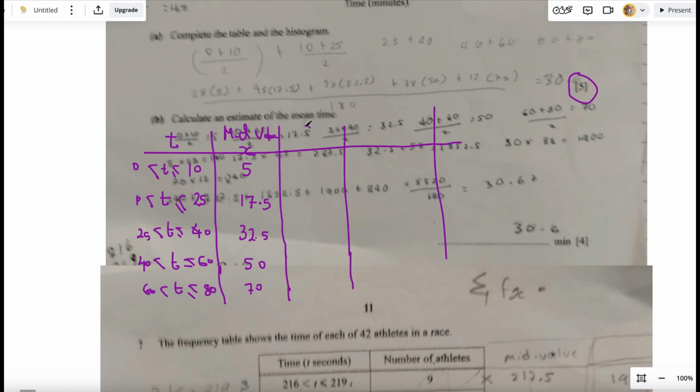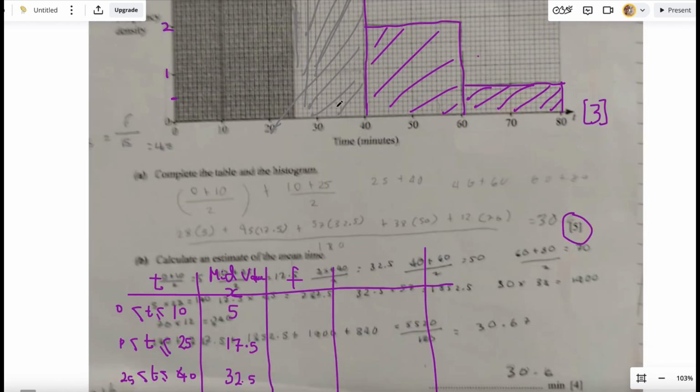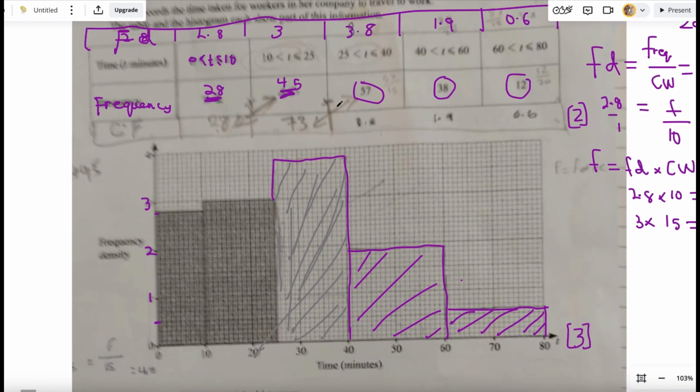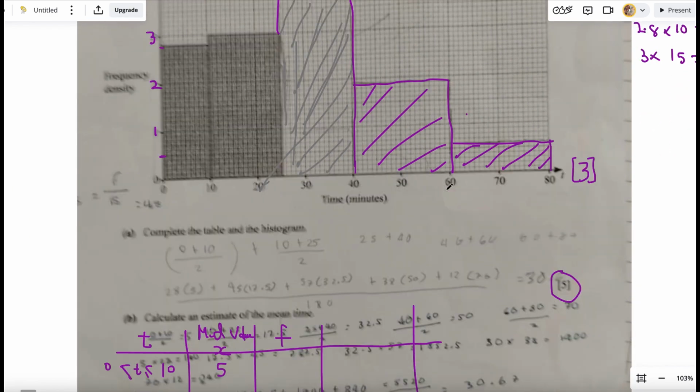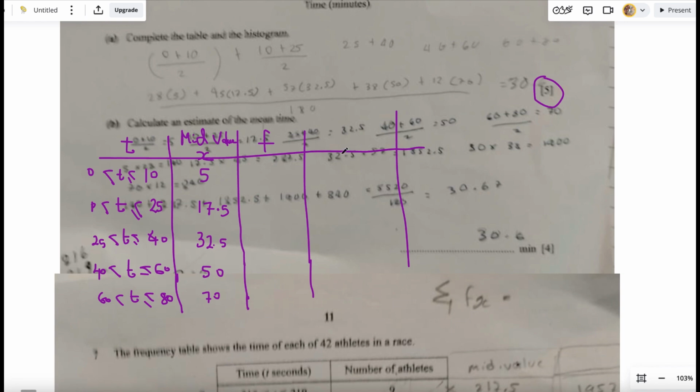The next thing, you write out your frequency. Each frequency, even the ones that were not given to us, now we have already obtained them. The frequencies are 28, 45, 57, 38, and 12.